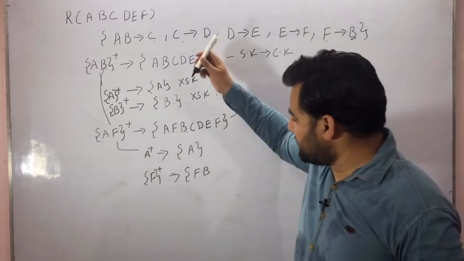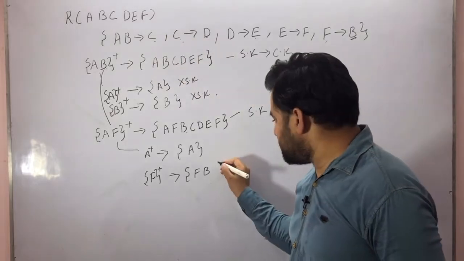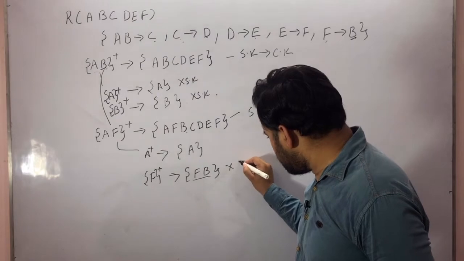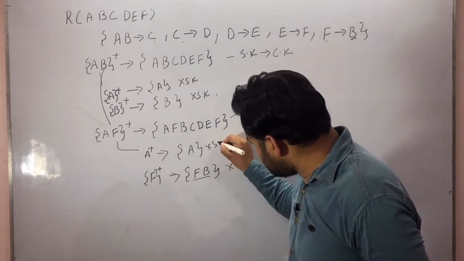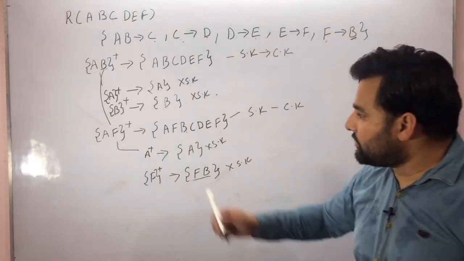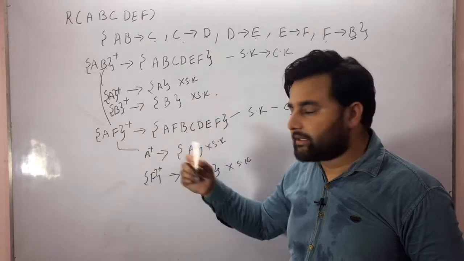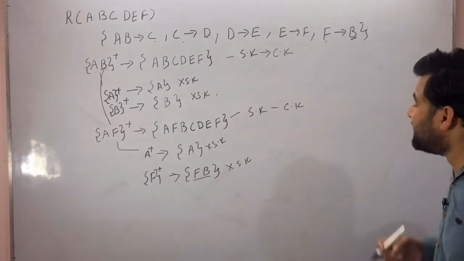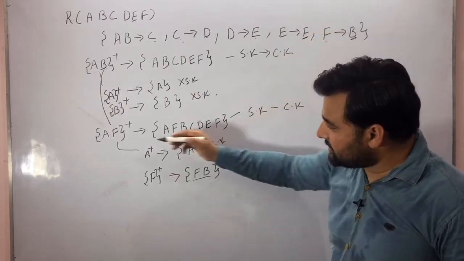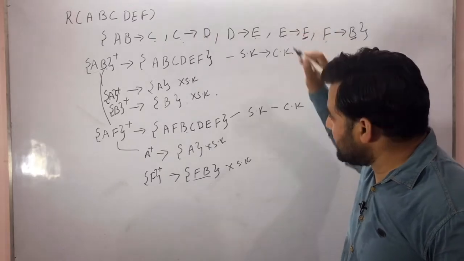No, because I need A also in order to reach C. So these are the attributes. So this is not a super key, this is also not a super key, and this is a candidate key. Now we'll see AF is determined by what attribute. When I check, I find that F is a subset of this candidate key. So we'll replace this F with E.